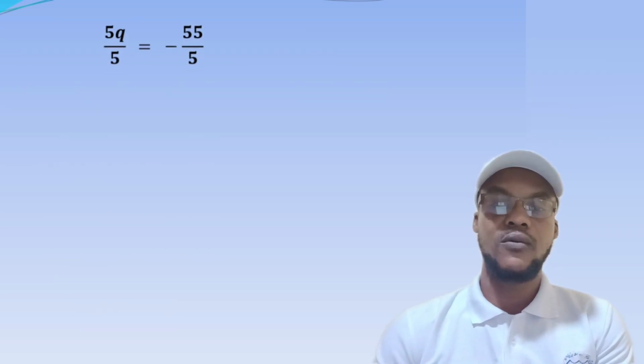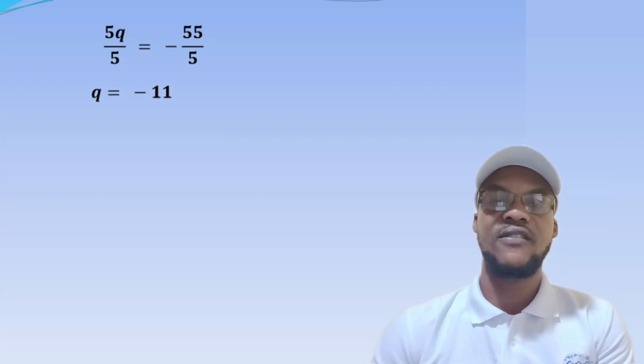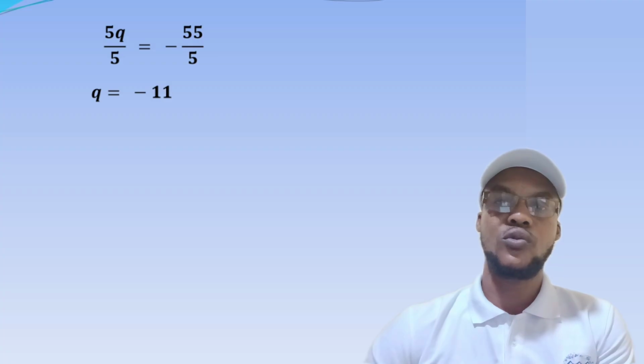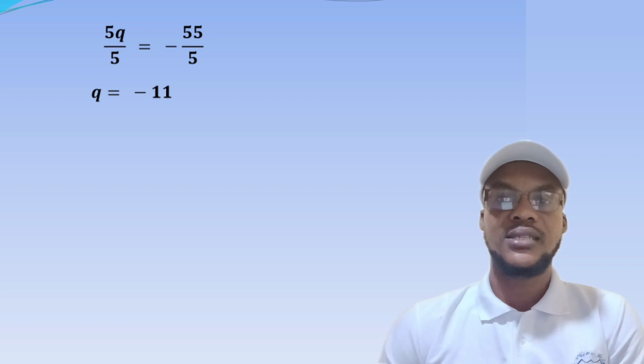We are finding Q, so we can divide both sides by 5. Then we are going to have Q to be negative 11. Yes, so this is our answer for Q.